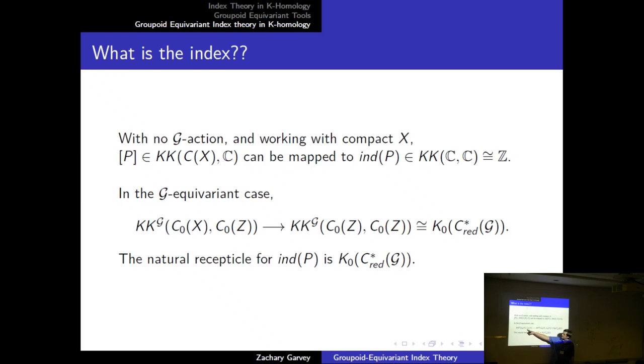If you map the equivariant K-homology to the point here, this is actually isomorphic to the K-theory of the reduced C-star algebra of G. So this is really the natural receptacle for the index of an operator. Yeah, so that's the idea here.